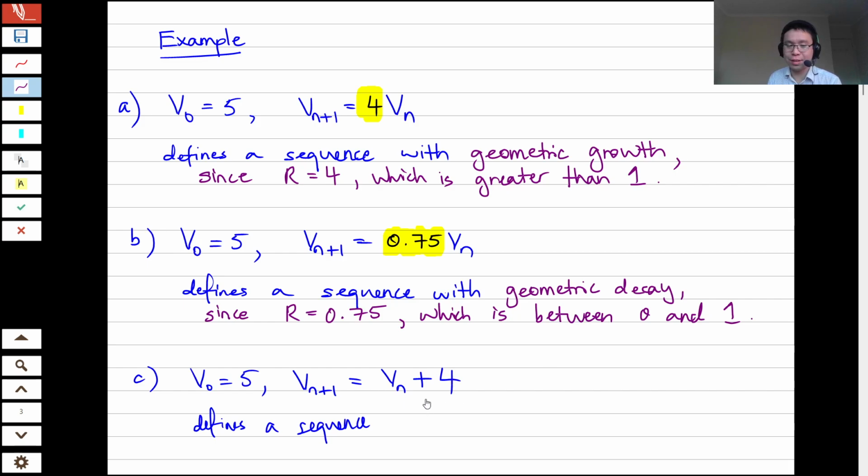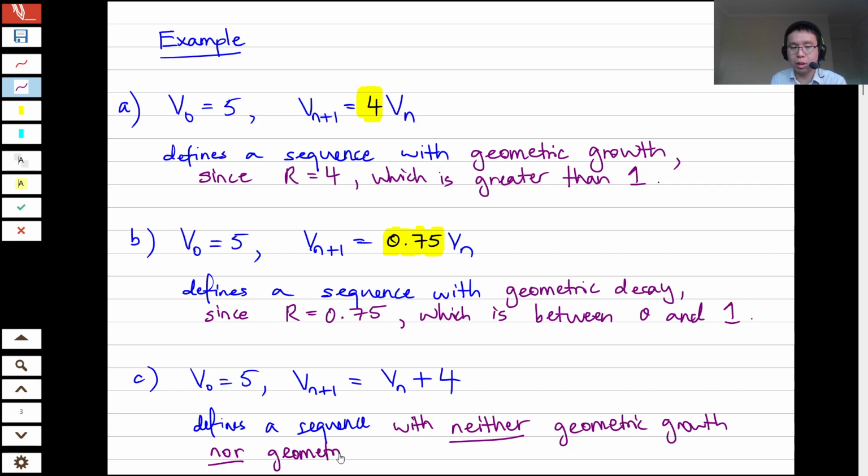And in this case, the sequence has neither behavior. So neither geometric growth nor geometric decay, since it is an arithmetic sequence.